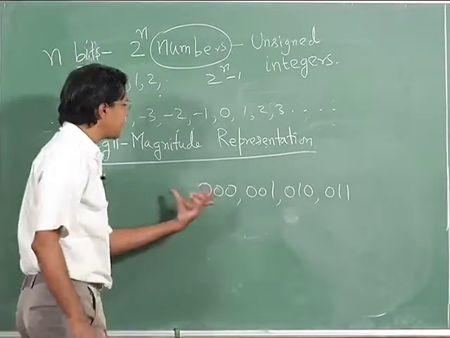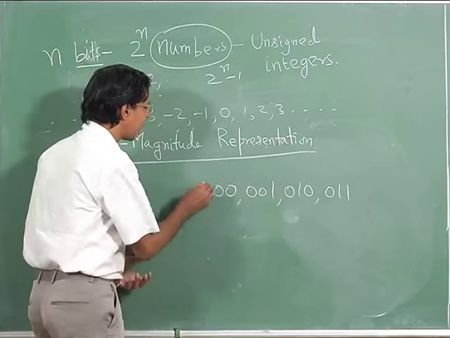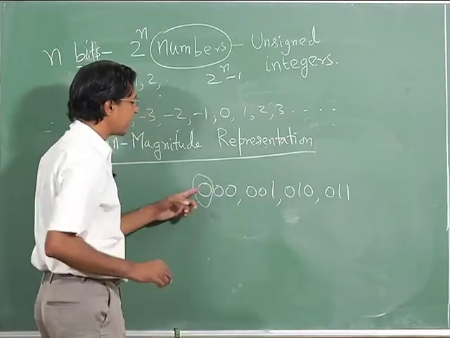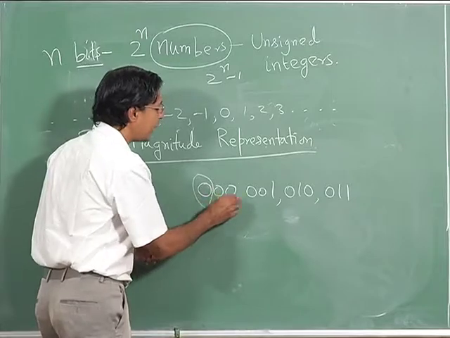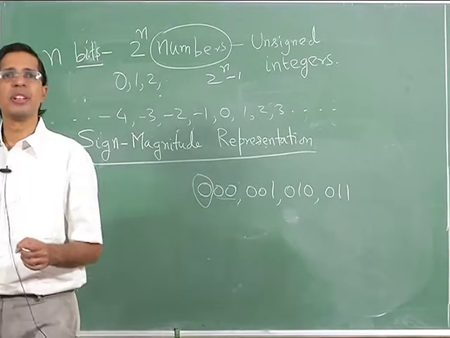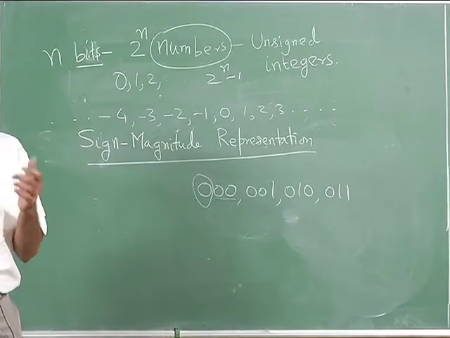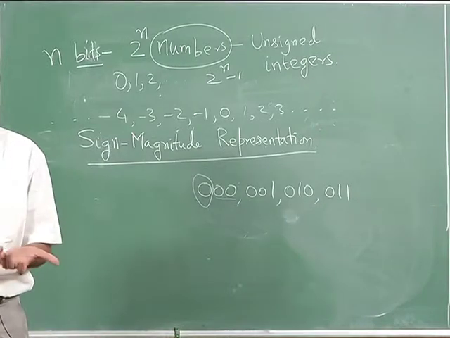So when we take 0 0 0 or any of these, the first bit is the sign bit, while the remaining 2 bits give the value of the number, namely the magnitude of the number.